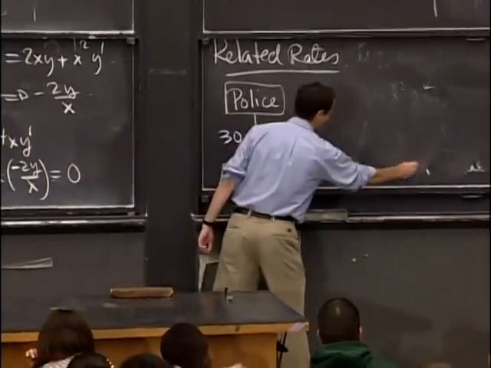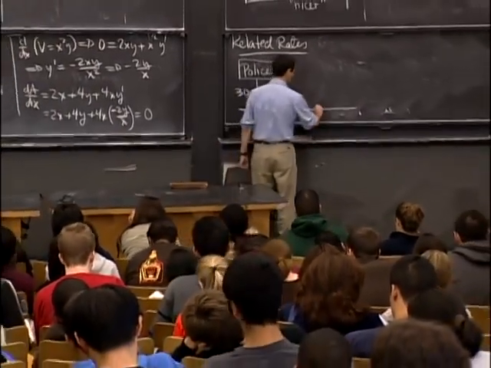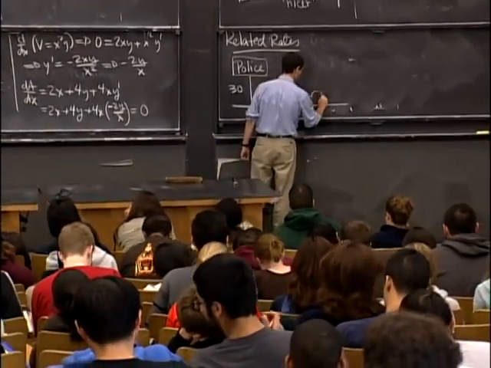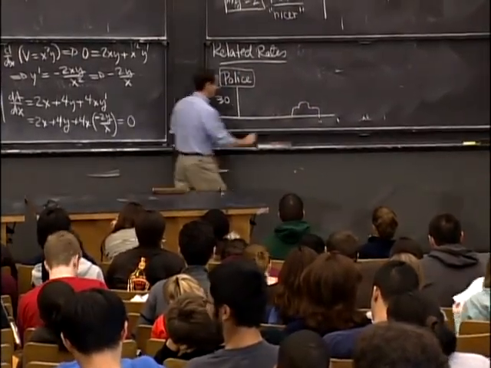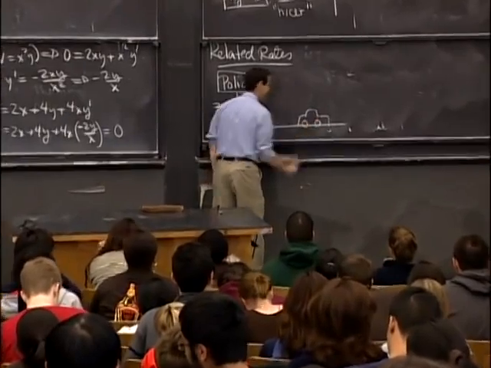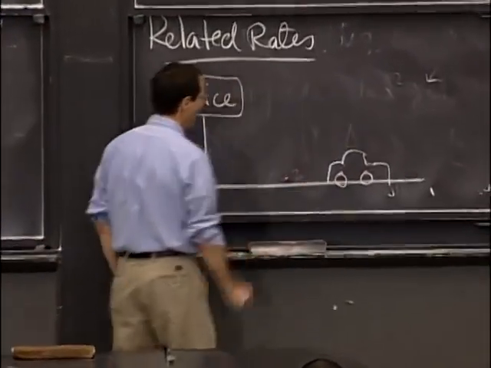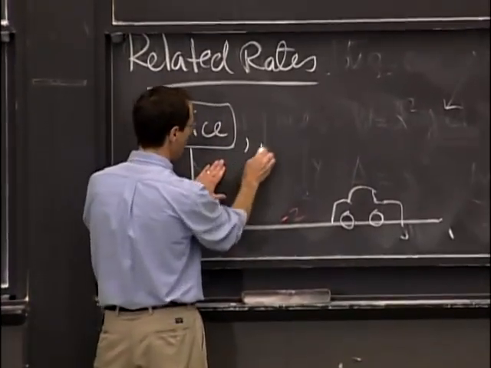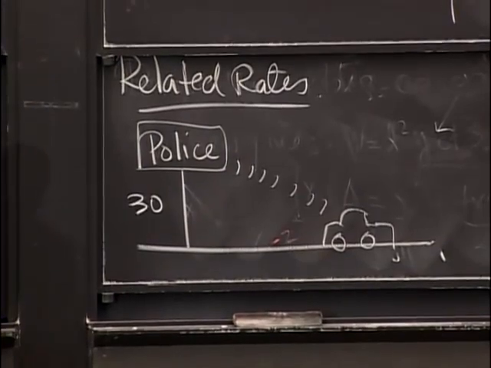And here's the road. And you're coming along here in your, let's see, in your car, going in this direction here. And the police have radar, which is bouncing off of your car.